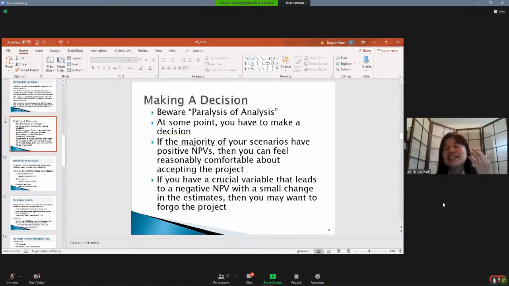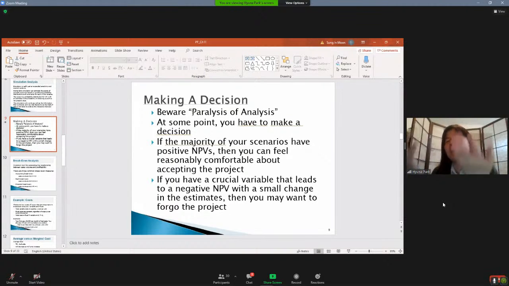This is one thing I want to emphasize: beware of paralysis by analysis. We cannot spend too much time, and at some point we need to make a decision. In the real world, we weigh the benefits of better analysis output versus the cost of doing all that analysis. Monte Carlo simulation is not free.